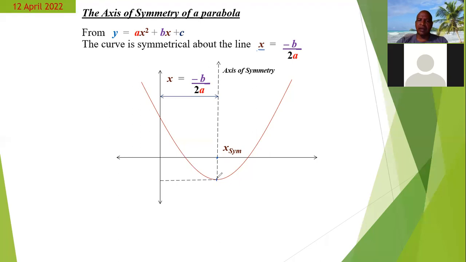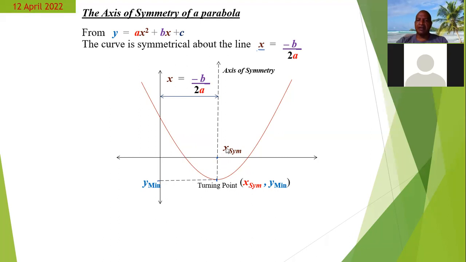You just draw a horizontal line across from where the axis of symmetry line comes down, and then you read out the y value at the bottom. In this case, where the curve curves down, that y value at the bottom of the curve is referred to as the minimum value. Now, if the curve had turned up and looked like a mountain, the y value would be at the top of the curve, and in that case it would be known as a maximum value.